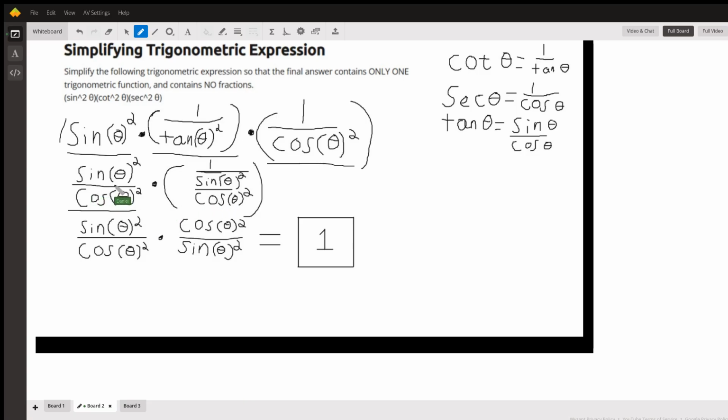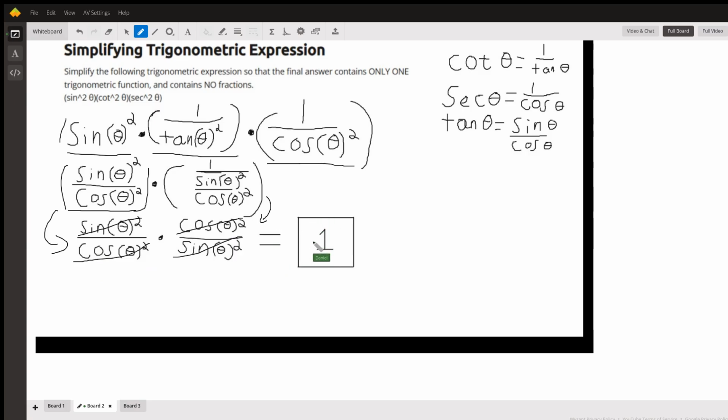So we keep the first sine squared over cosine squared the same, this one right here gets changed into the bottom, and this one right here gets flipped. With this, we can cancel out cosine squared and sine squared, leaving us with the exact same answer of 1.